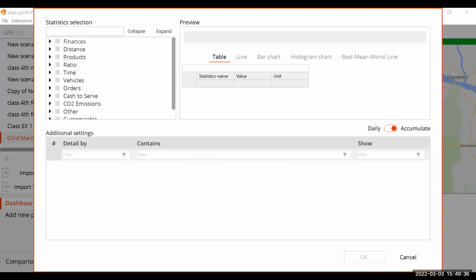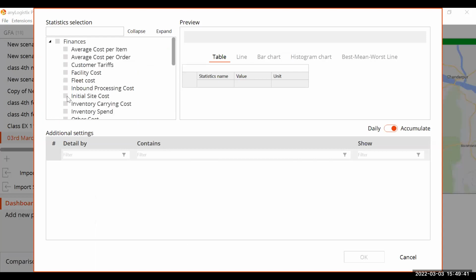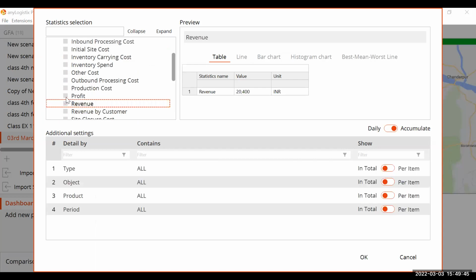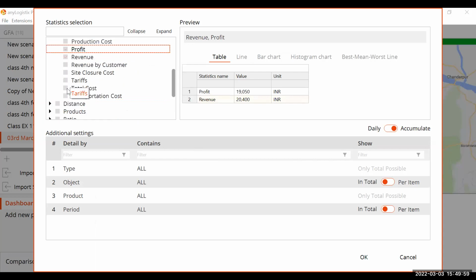I want to see the total revenue, which will be under finances. So click on revenue, profit, what else? Revenue for cost also, total cost.